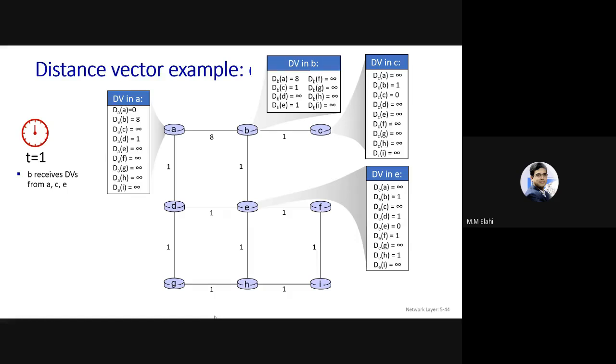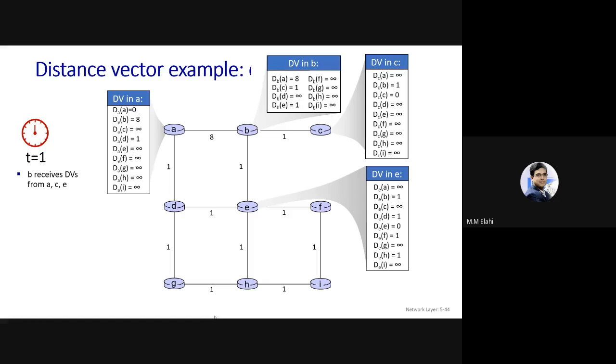So dA to A is 0, dA to B is 8, then dA to C infinite, dA to D equals 1. All other nodes are infinite: dA to F infinite, dA to G infinite, dA to H infinite, and dA to I also infinite.